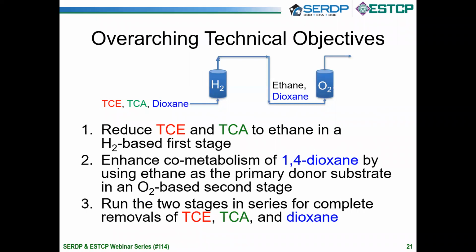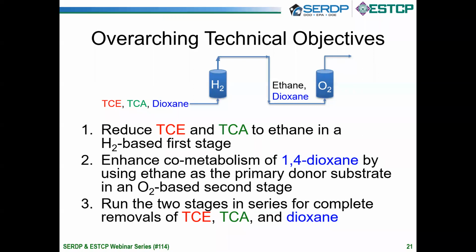So here is a view of the overarching technical objective of our project. And so you can see the little graphic at the top. Coming in on the left into our system is the co-contamination of TCE and TCA and dioxane. In a first stage, a reductive hydrogen-based stage, we are going to reduce the TCE and TCA to ethane.